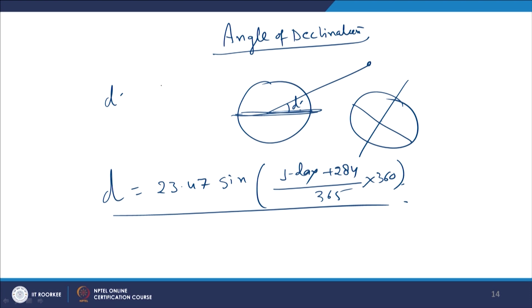When the earth is inclined, this is the angle of declination, because sun rays are coming from here. The angle of declination is also used in calculations related with solar radiation, and it keeps on changing.